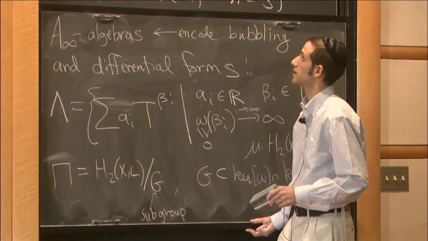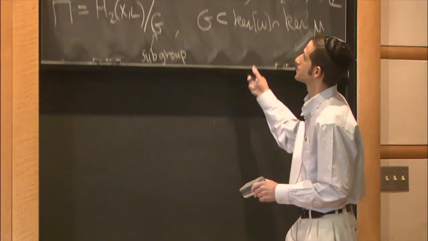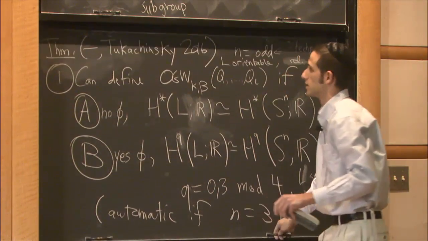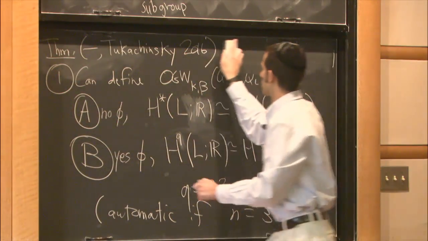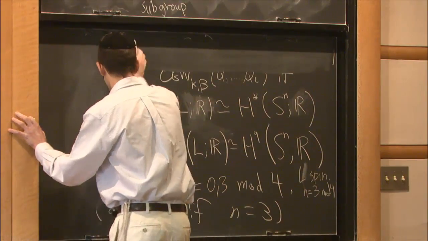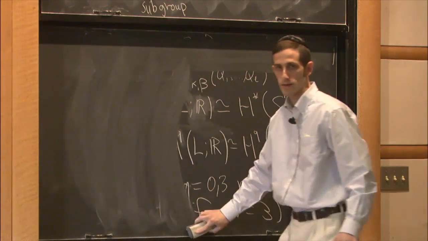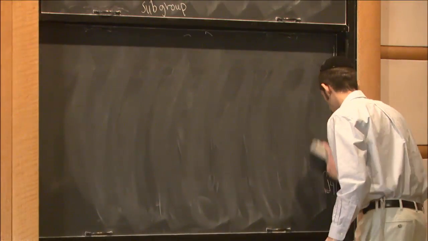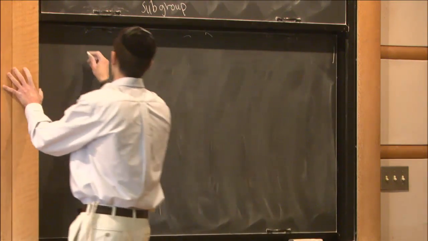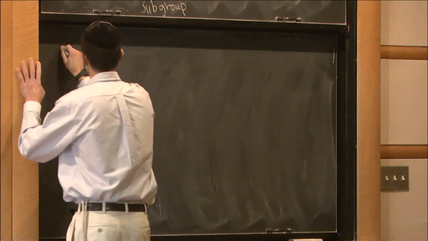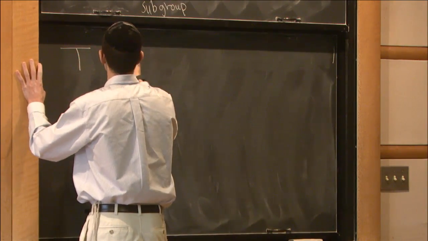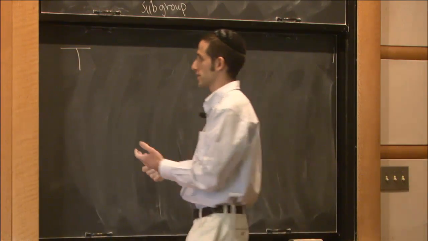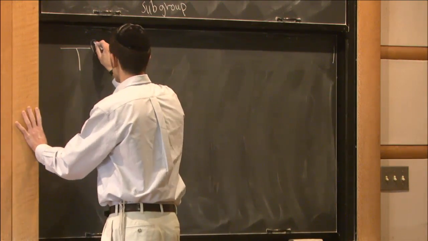So this is the Novikov ring, not the Novikov field. I'm saying in a sort of confusing way to take a certain completion of part of the group ring of pi. It's like a sub-monoid of the group ring.